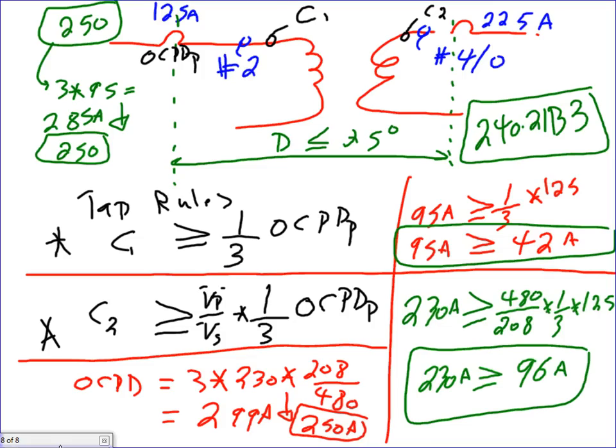It says cannot be more than 299, I can't find a 299 fuse, and they're not directing me to go up. If you read this, there's no direction to go up, so I have to go down. Any question, guys?